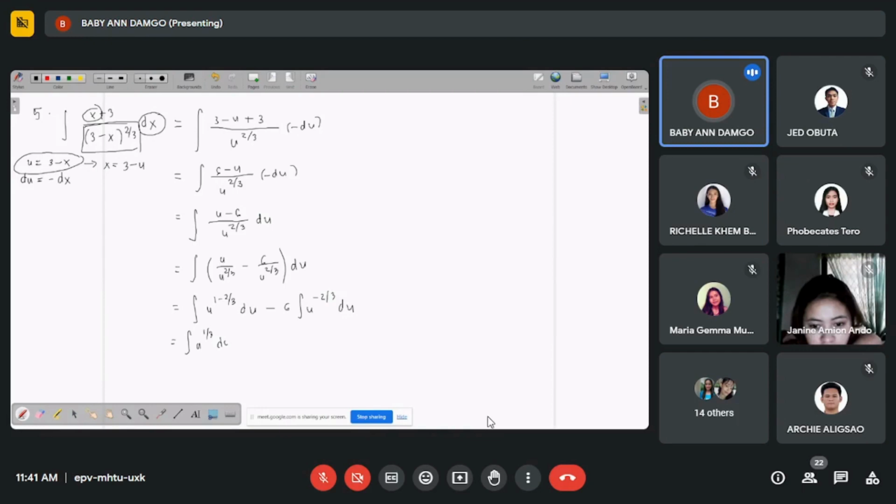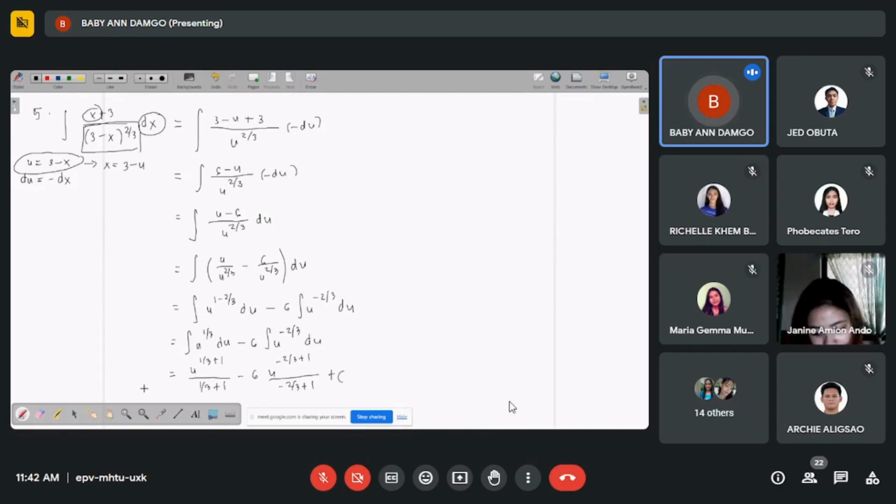So we have here, by power rule, u to the power of 1/3 plus 1 all over 1/3 plus 1 minus 6 times u to the power of negative 2/3 plus 1 over negative 2/3 plus 1 plus c. Okay, kaya nag-evaluate na ta sa integral.